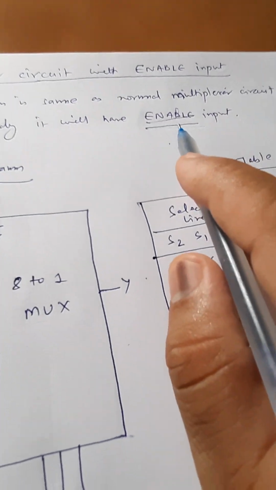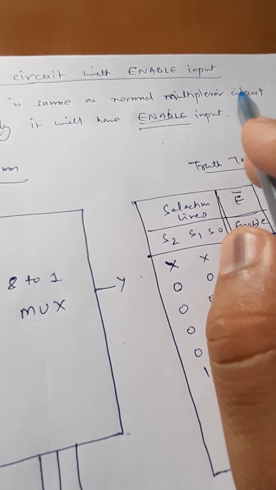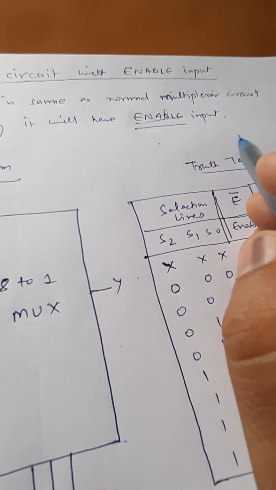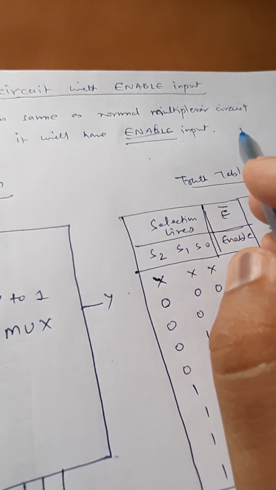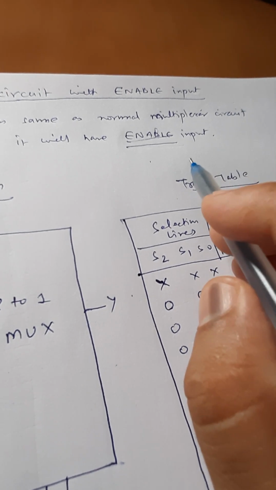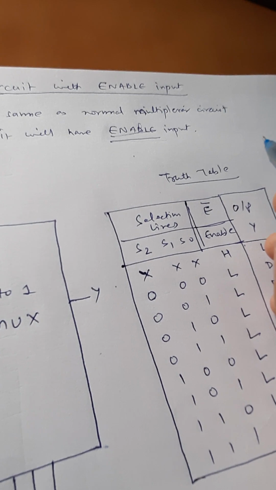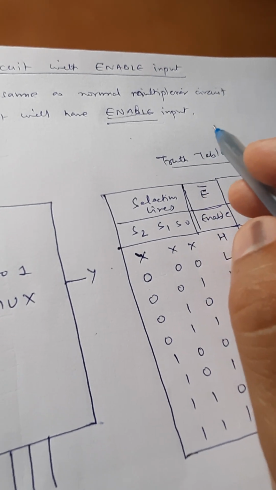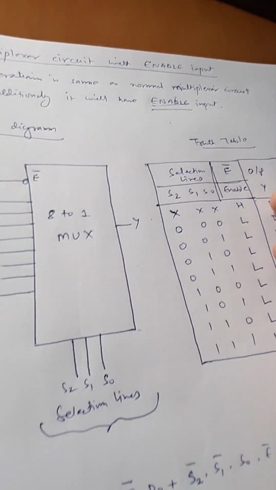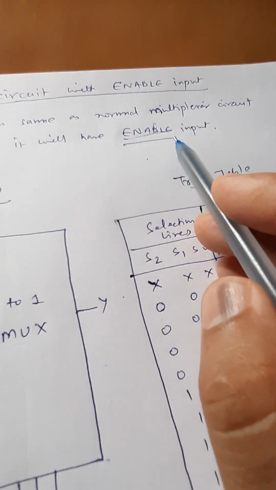Now the purpose of the enable input is that it gives us an option whether to disable or enable the multiplexer circuit. Enable means make it on and disable means make it off. So it is like a switch.